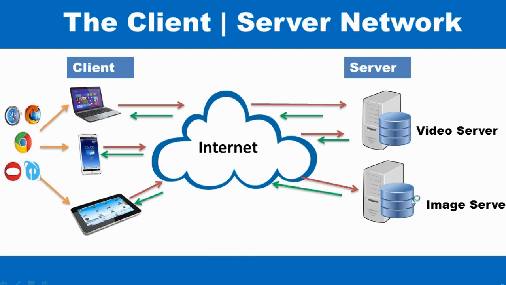It locates the server that has the information you want. The server processes the information, sends it back through the internet, and then you get the response displayed on your device. So that's basically how the client server network works. That's basically how the internet works.